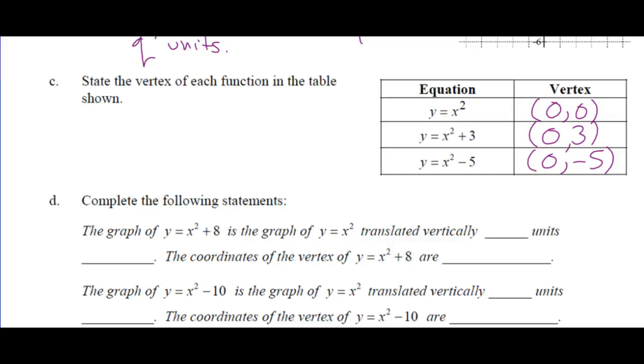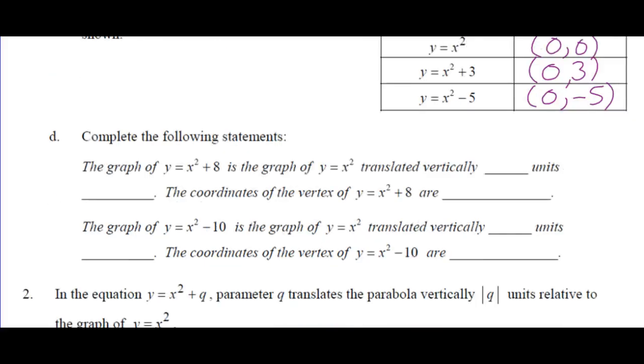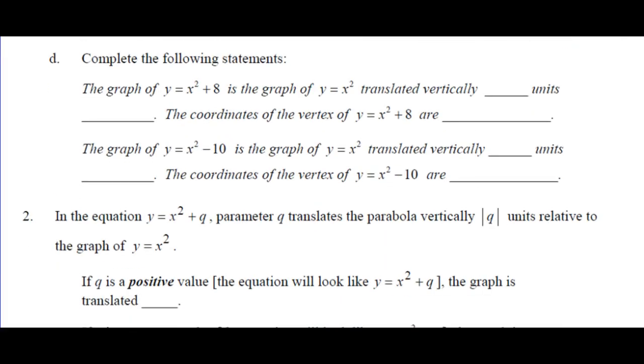P, on the other hand, well, okay. Complete the following statements. The graph y equals x squared is translated vertically, how many? Which way? The coordinates of the vertex are?